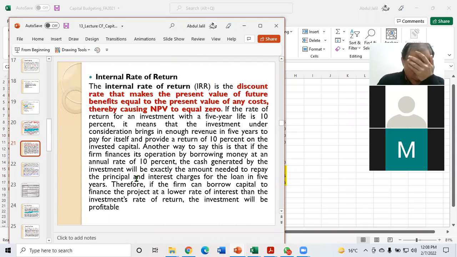Then the internal rate of return helps you identify at what market interest rate you can take a loan to finance your business. So this credit can be used to finance your business, whether it's viable or not. You are comparing the internal rate of return with the discount rate, the market rate of interest.